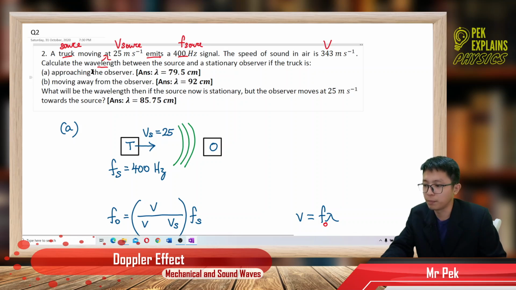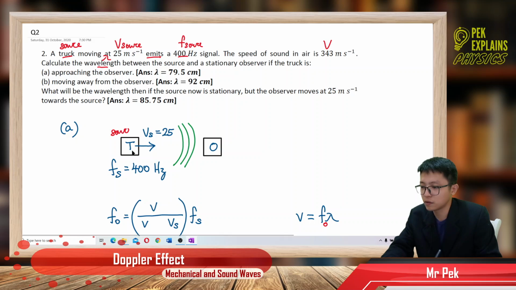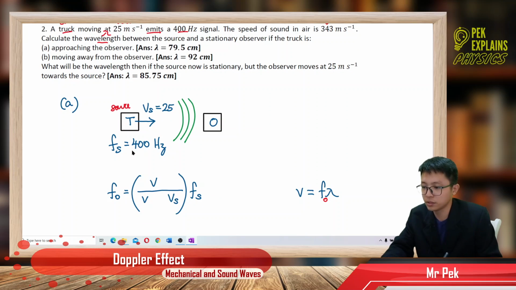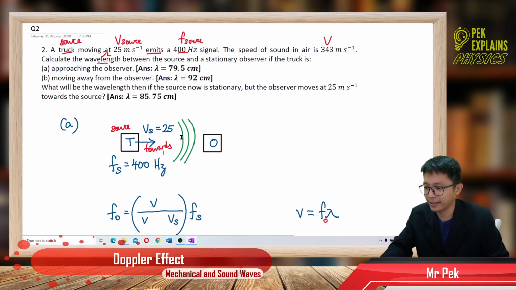For question A, the truck is approaching the observer, which means the source is moving towards the observer. So of course the wavelength is being compressed.